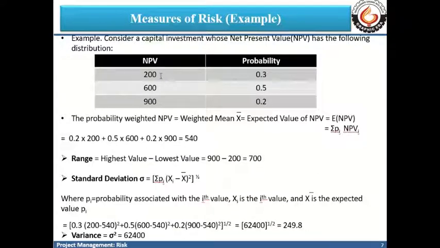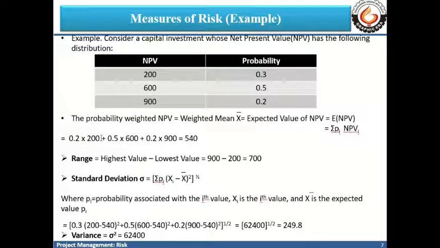In case your project gets executed in a very optimistic way, its NPV value is 900 and the associated probability is 0.2. The most likely case is an NPV of 600 with a probability of 0.5, and the pessimistic case has an NPV value of 200 with a probability of 0.3.